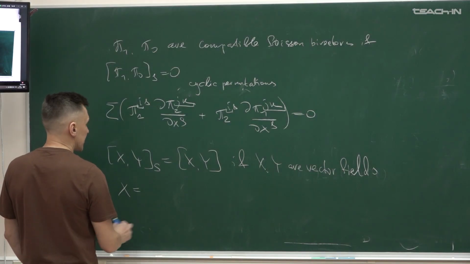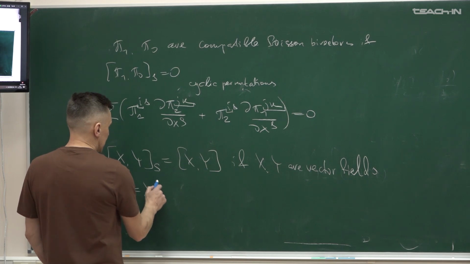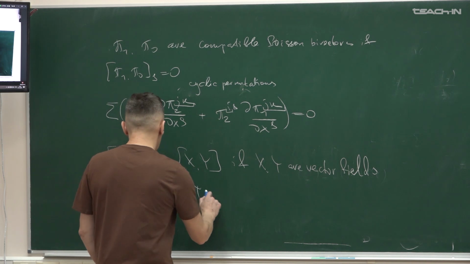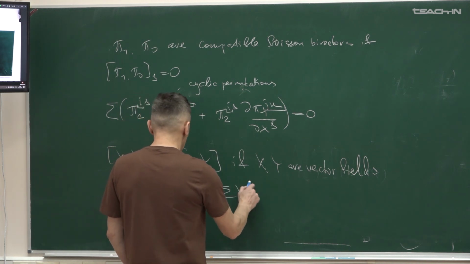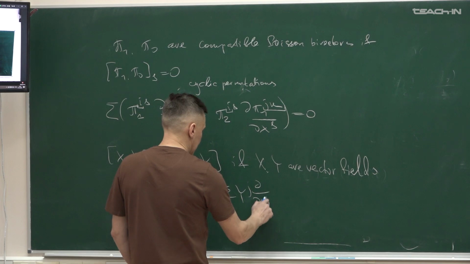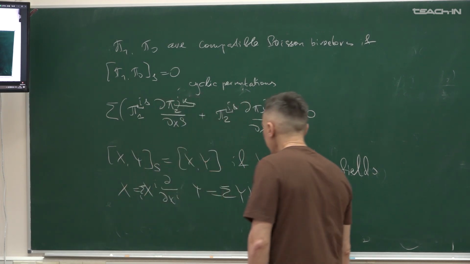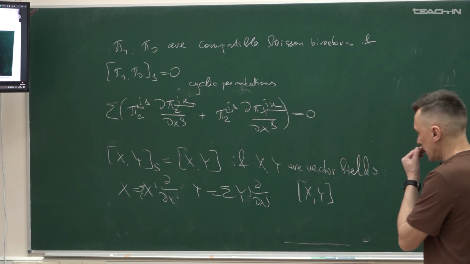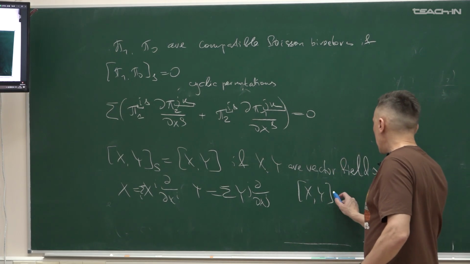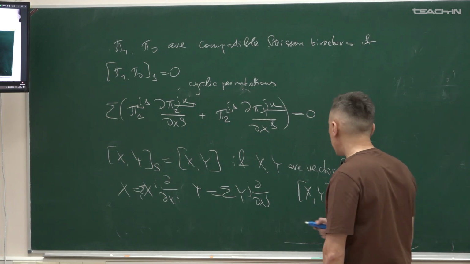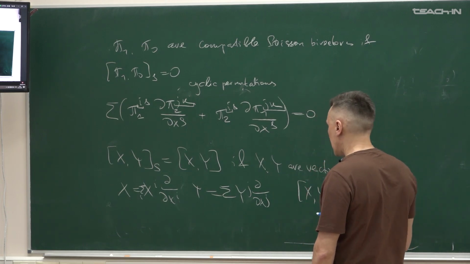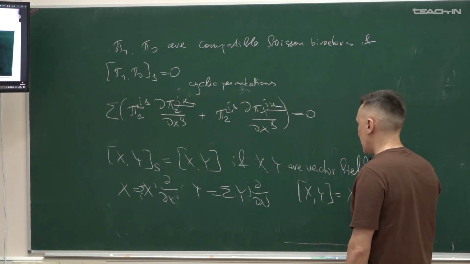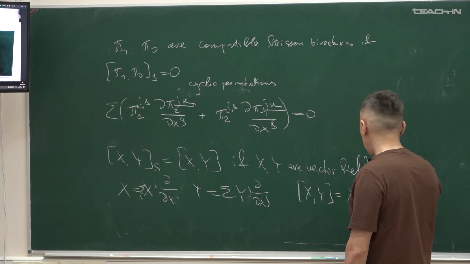A vector field on a manifold is such an expression and the commutator is a vector field with such coordinates.